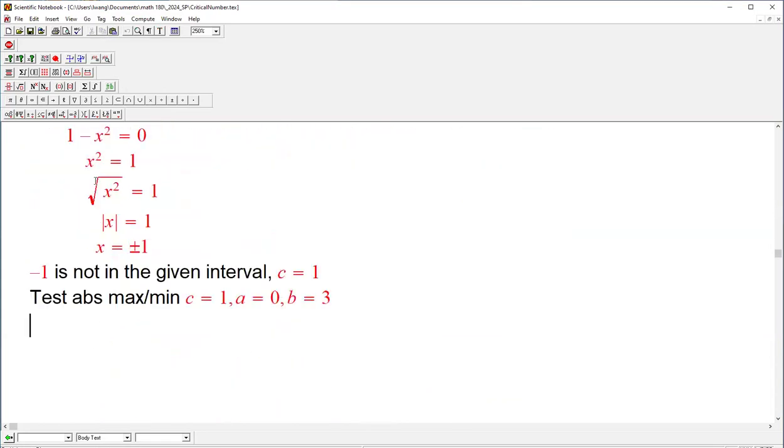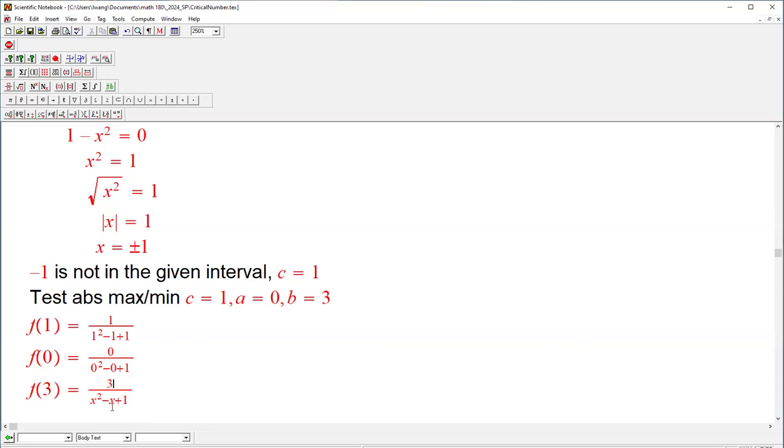And so once again, the same drill. These 3 points will be tested on input 1, where x will be replaced by 1. On 0, x will be replaced by 0. And on 3.